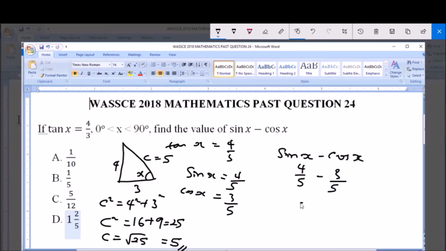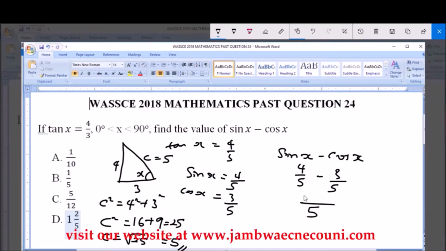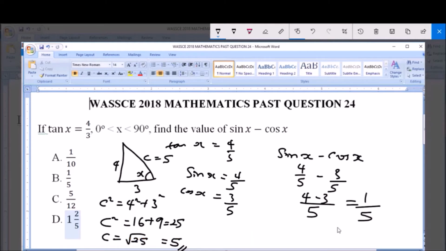The LCM will be 5 because we have the same denominator. So 5 into 5, 1, multiplied by 4 will give us 4. 5 into 5, 1, multiplied by minus 3 will give us minus 3. And this is equal to 1 all over 5. So therefore, the answer for sine x minus cos x is equal to 1 over 5, and that is option B.